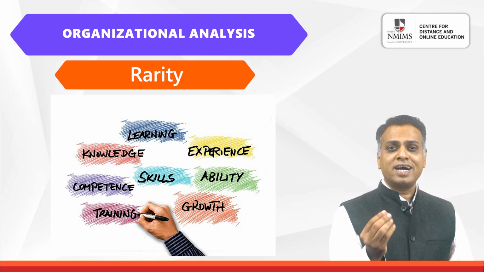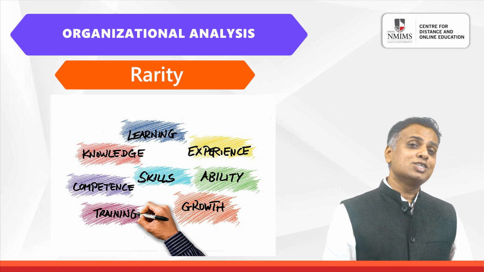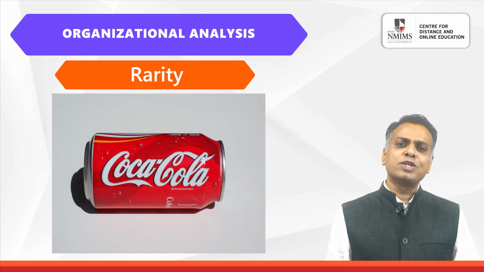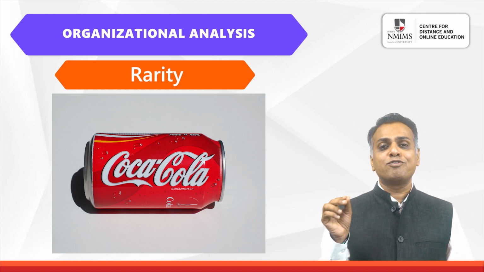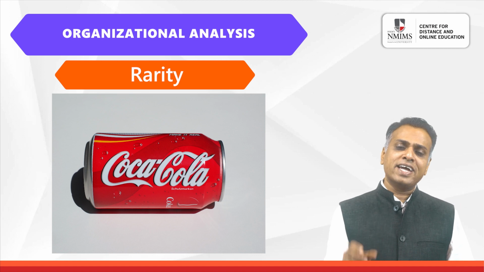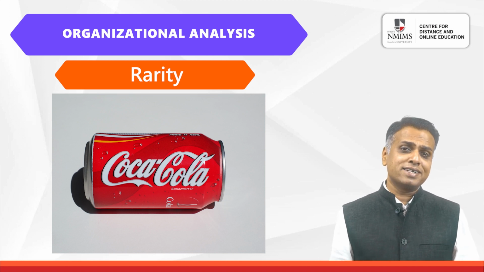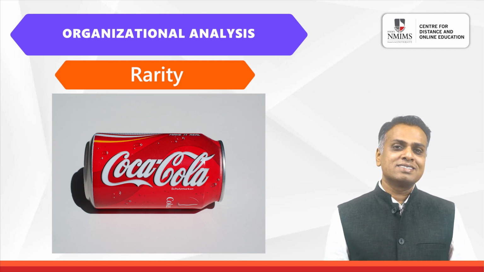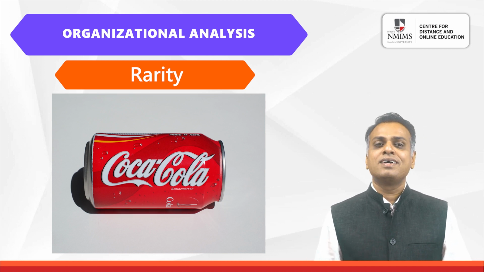So, you are at a strategic advantage in the organization. Think about the special relationship between Coca-Cola and its secret formula. This uniqueness gives them a competitive edge that is hard to replicate. It is rare for any company to come out with a similar recipe.